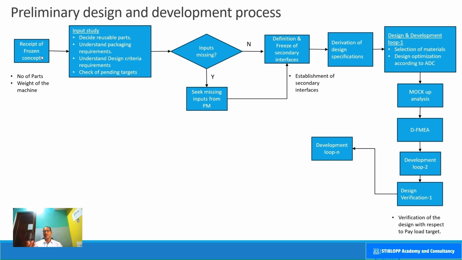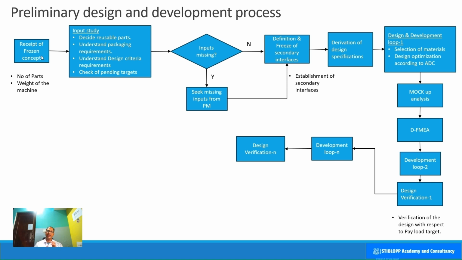That is nothing but the nth design loop, or the third design loop. This is a continuous process where after this loop the design is again submitted to design verification, and the verification team analyzes the design and gives it back to the product design and development team.